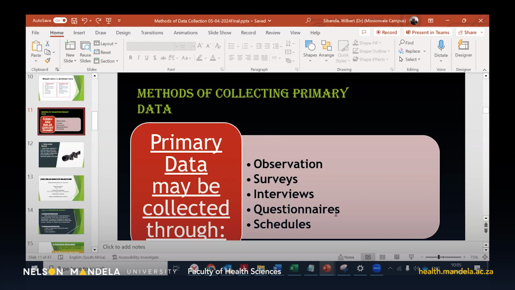And then questionnaires. When do we use questionnaires? What are the advantages and disadvantages of questionnaires? And I'll also send you information on schedules. These are the different methods of collecting primary data. I think, Doctor, I will leave it at that, considering your time is almost 5 minutes past 10 now.